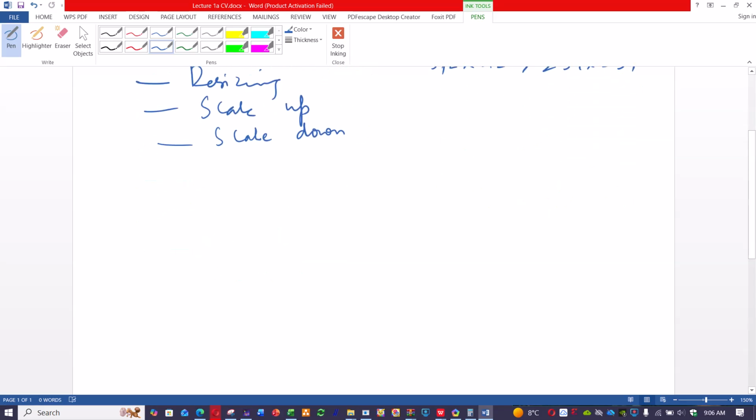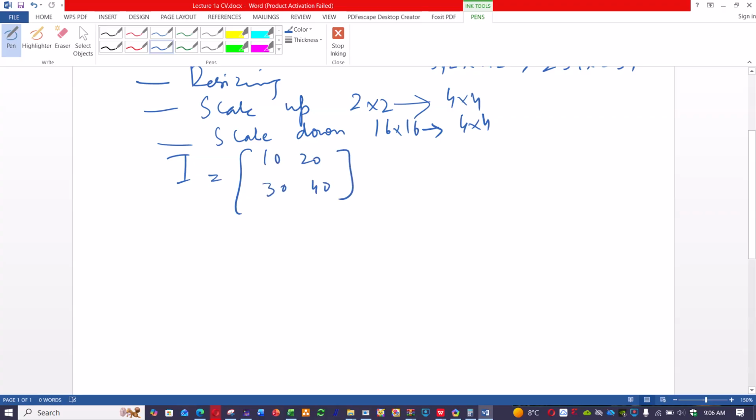So first of all, let's talk about scaling up. If we have a 2 into 2 image, we would be going to, let's say, 4 into 4, and if we have 16 into 60, we would also be going to 4 into 4. Now let us consider that our input image is 10, 20, 30 and 40.